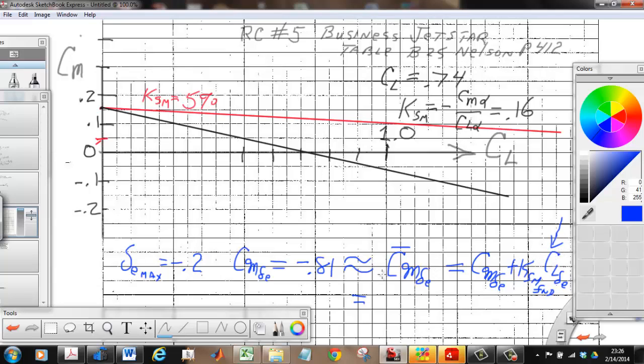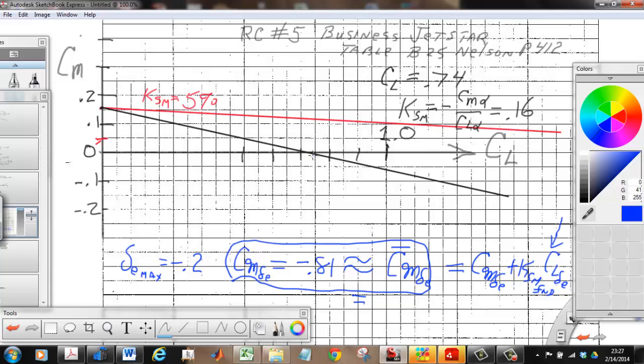So as a first cut, you can just use this approximate equality. Certainly on an exam, that's what you'd want to do. So if you multiply Cm delta E times delta E max, you'll get 0.16.